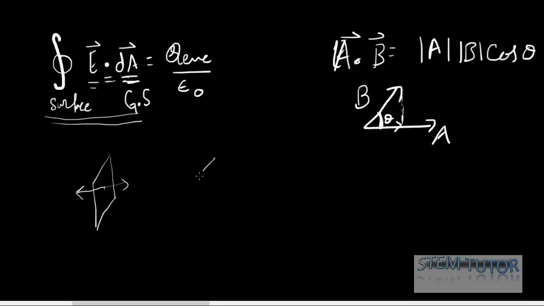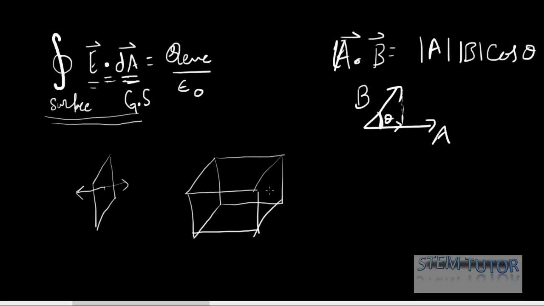The way we do that is, suppose instead you had a cube like this, then the direction of the area of this face is going to be outwards. If it's a closed surface, then the direction of the area is always outward from the surface. So for the top it's going to be upwards, for the left it's going to be to the left, for the bottom it's going to point down, for the front it's going to come out towards you, and for the back it's going to go back towards the screen.